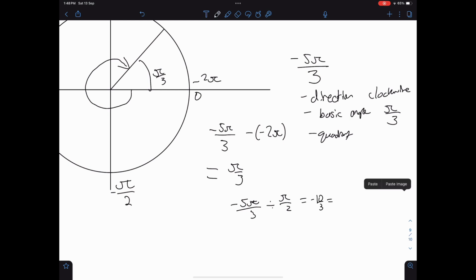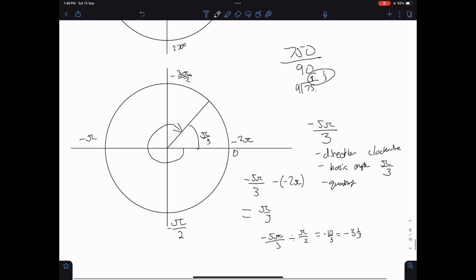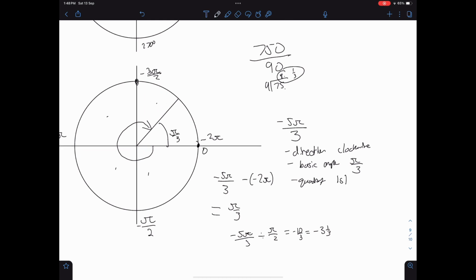So that becomes negative 10 over 3, which is minus 3 and 1/3. And that's between 3 and 4. So when you go anti-clockwise, you go 1, 2, 3, 4. It'll be between here and here. So that would mean it's in the fourth one when you're doing clockwise rotation, but it's actually in the first quadrant, because quadrants are defined when you go anti-clockwise.